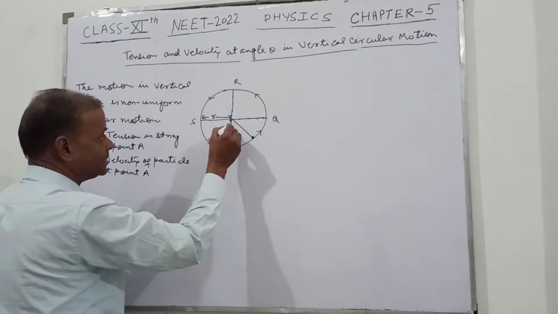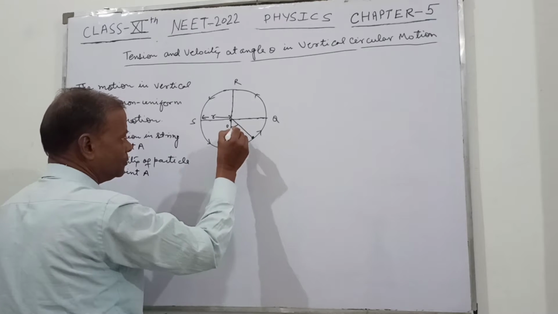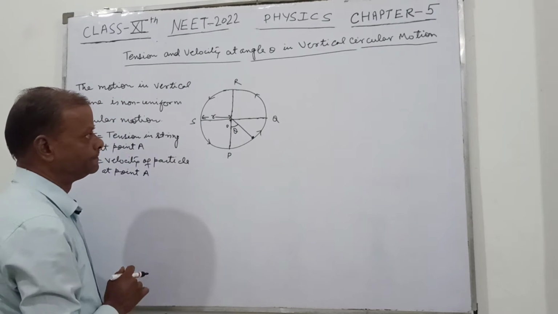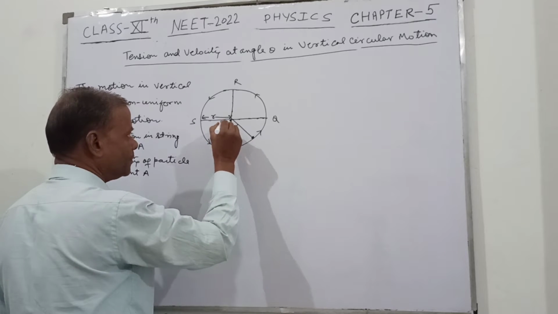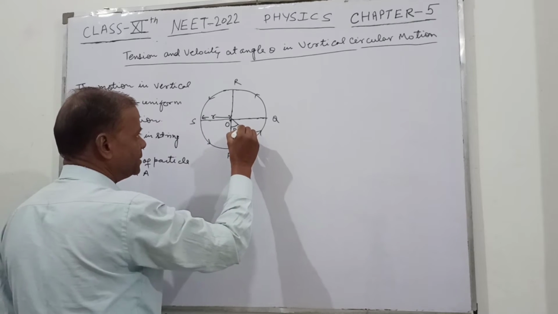Let this make an angle theta from the vertical, and the tension in the string is T.